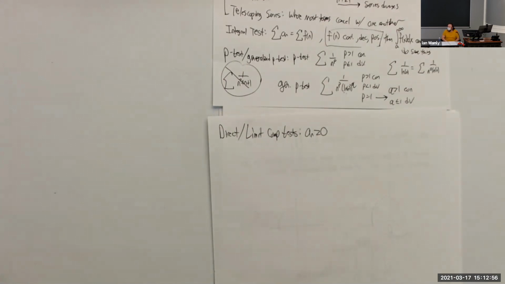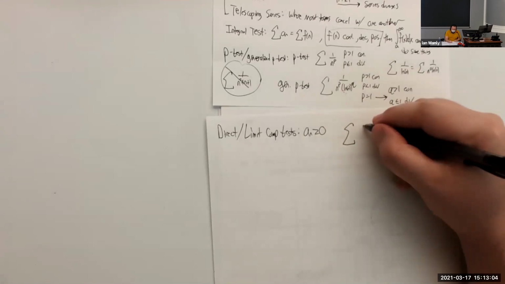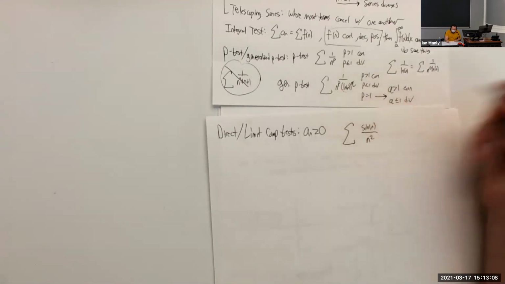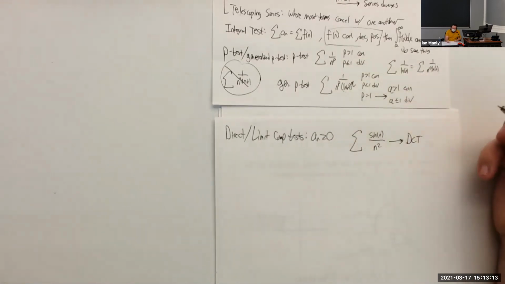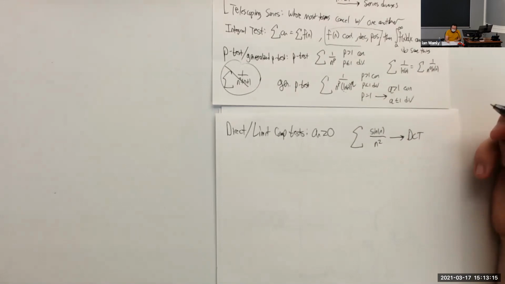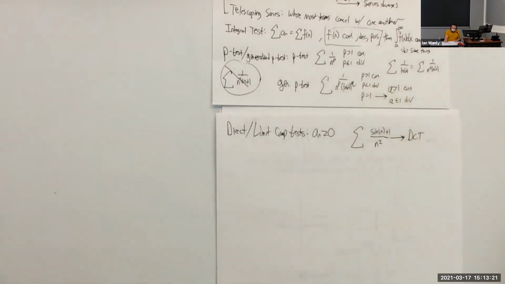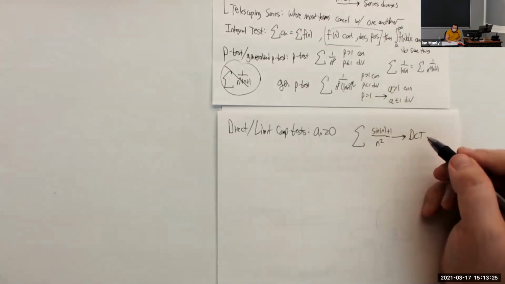Are there instances where the DCT will work and the LCT won't? Yeah, so for something like, let's say we have the sum of sine of n over n squared, it would be easier to use the direct comparison test here. Let me actually modify this. Yeah, there we go. It would be easier to use the direct.